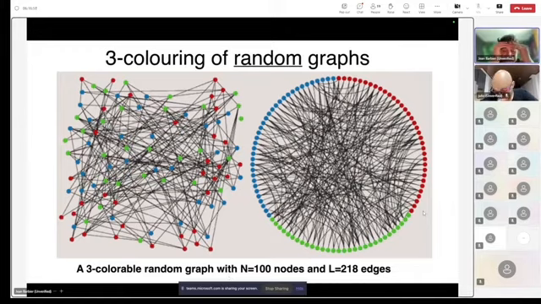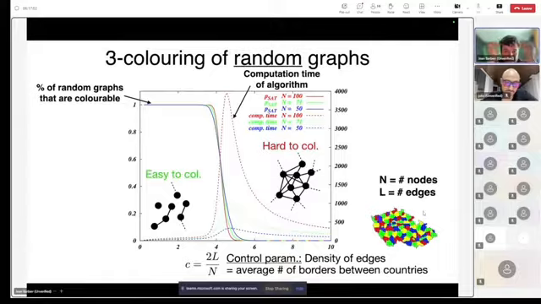And so now, using methods from statistical physics, like the replica method that we studied in this course, you can draw the phase diagram of the problem. Like we have drawn the phase diagram for the spiked Wigner model, you can do it for this combinatorial optimization problem in a very similar fashion. So here is the phase diagram.